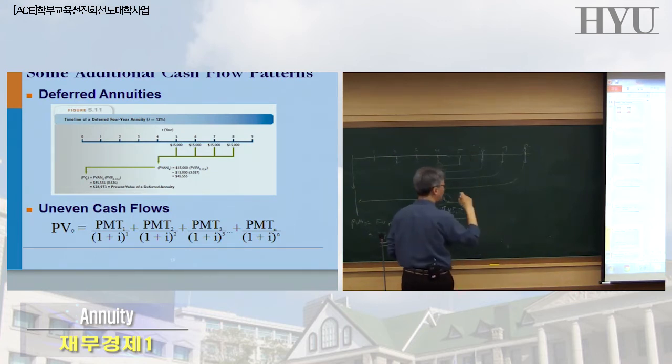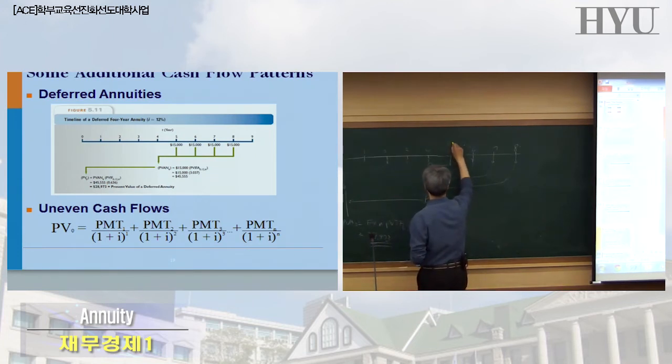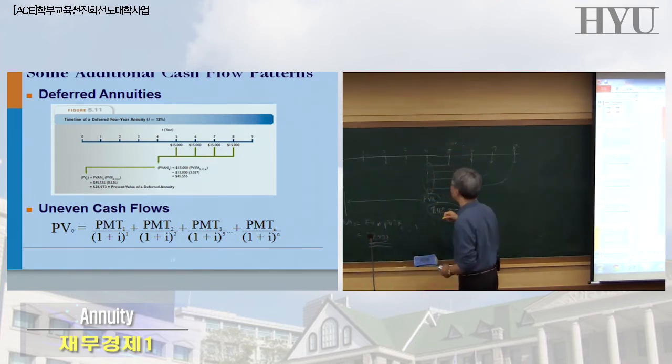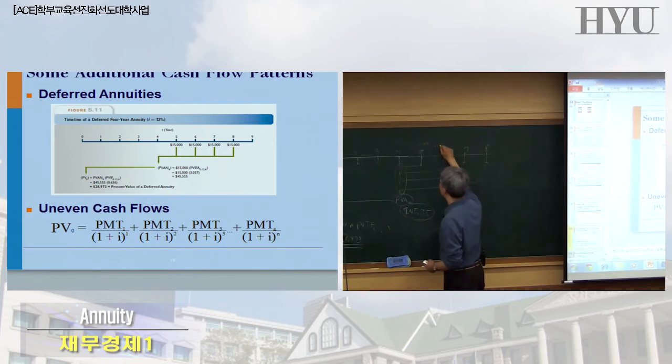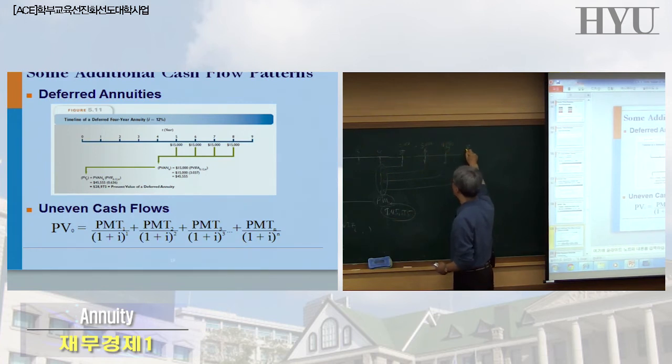When I use the down arrow, it's actually payments. You are making a payment, right? But let's say you expect $2,000 at the end of fifth year, $3,000 at the end of sixth year, $4,500 at the end of seventh year, and $7,000 at the end of eighth year.